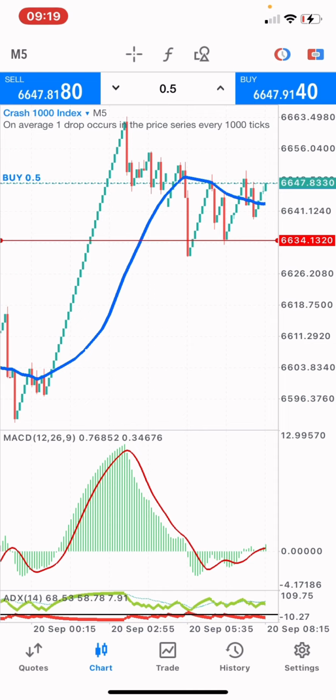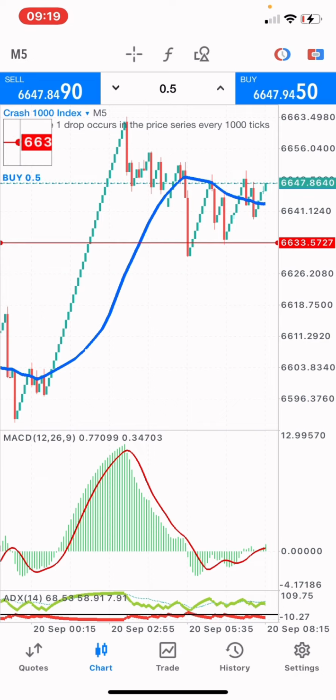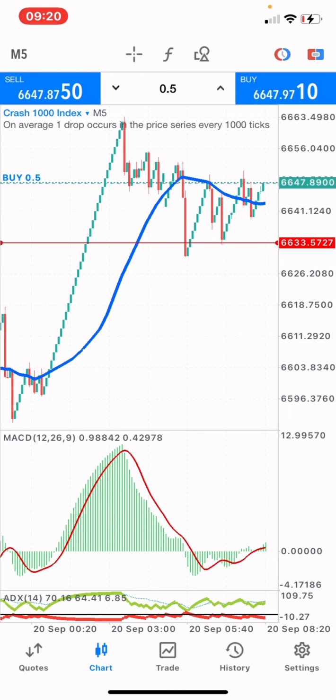You can see the little retracement. If a spike happens now, it will not reach my stop loss, unless it is a multiple spike. But if it's only one spike, it can never reach my stop loss.